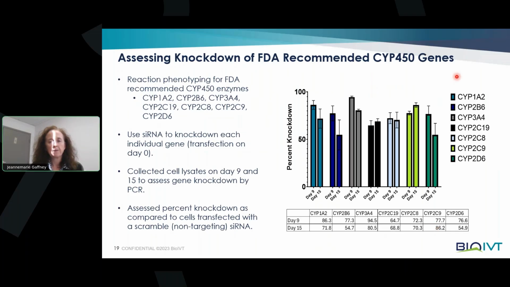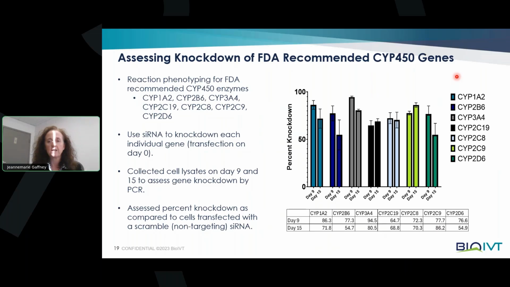Once we had our initial work completed, we then moved forward with some larger scale and repeat studies. So we were looking at the reaction phenotyping for the FDA recommended CYP450 enzymes. And we looked at 1A2, 2B6, 3A4, 2C19, 2C8, 2C9, and 2D6. We used siRNA to knock down each individual gene. And as I just mentioned, this transfection was done on day 0 of culture with just the hepatocytes present.